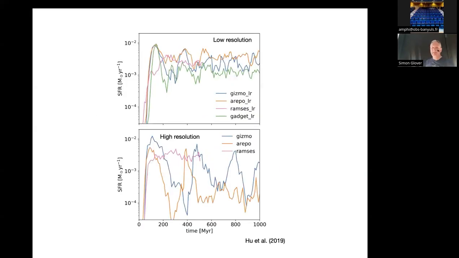And what they found is that at high resolution, you could get quite different behavior. In fact, in the Lagrangian codes, you got much burstier star formation than in the Eulerian code, in the Ramses case. In Ramses, at high resolution, you get this relatively stable star formation rate, and in the Lagrangian codes, you got this very bursty star formation.